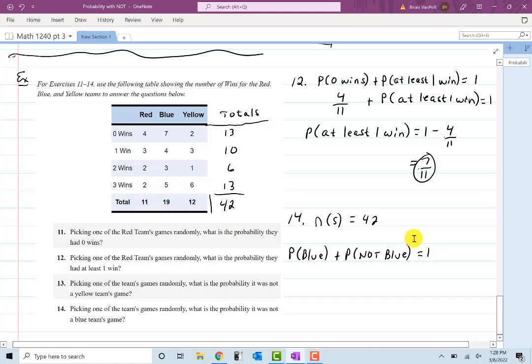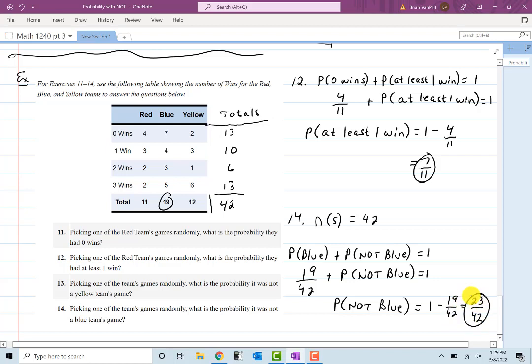There's 19 blue out of 42, so 19 out of 42 plus the probability of not blue equals 1. So I can subtract 19 over 42 from both sides. The probability of not blue equals 1 minus 19 over 42, which equals 23 over 42.